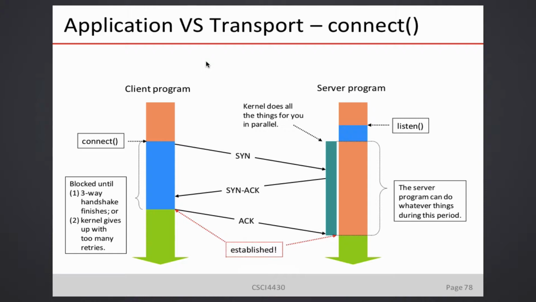But you can see that the listen call actually puts the port into listen mode. So here it means that in parallel, the kernel already served you by listening to the network, whether there is a SYN firing at your port. If yes, then it will do the three-way handshake. And when the connect call returns, it's time that you send out the third message.